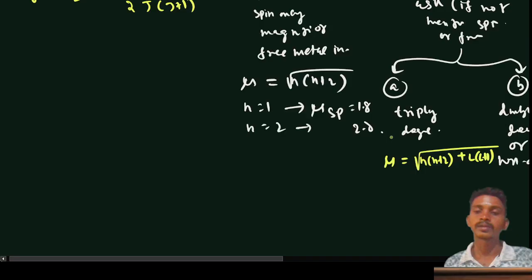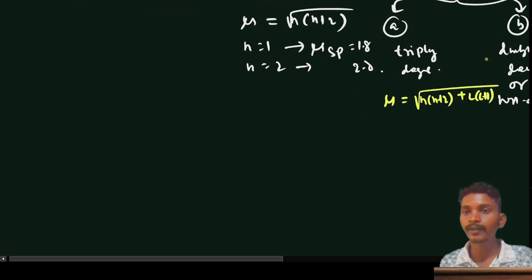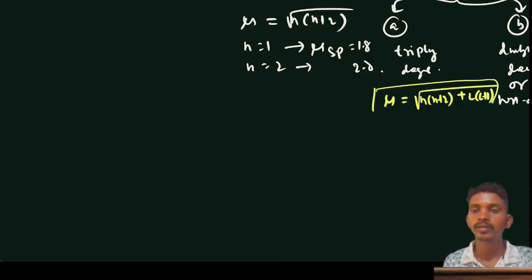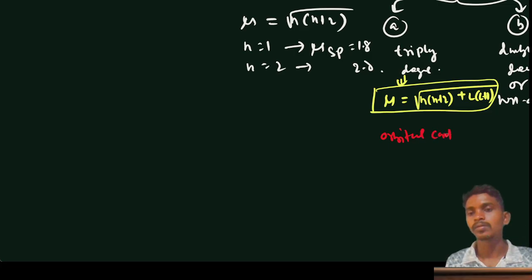And if it is the doubly degenerate or non-degenerate case, there is the orbital contribution which happens.